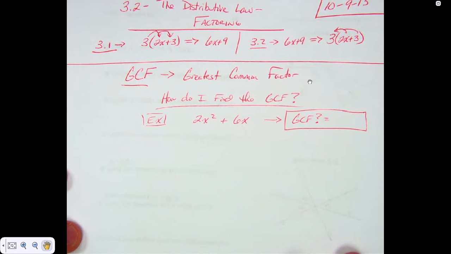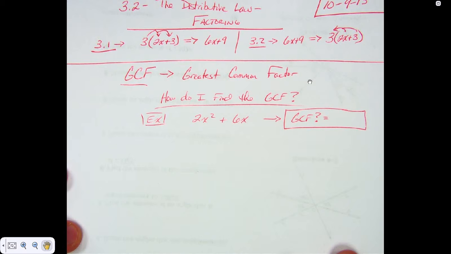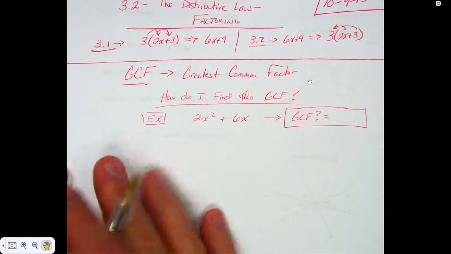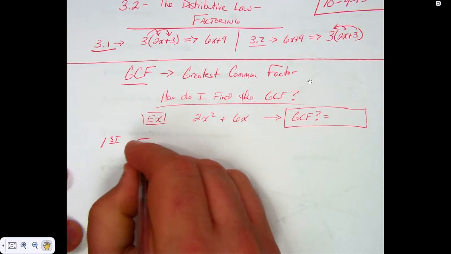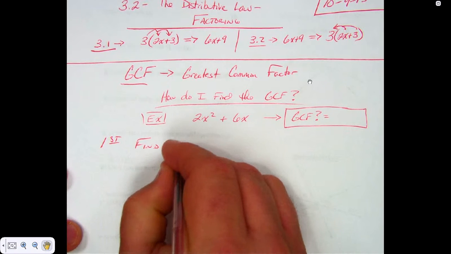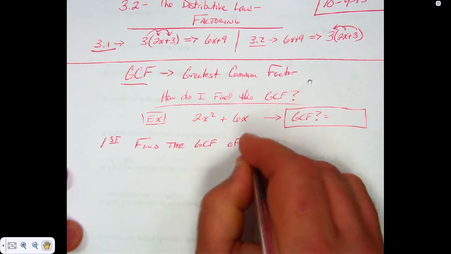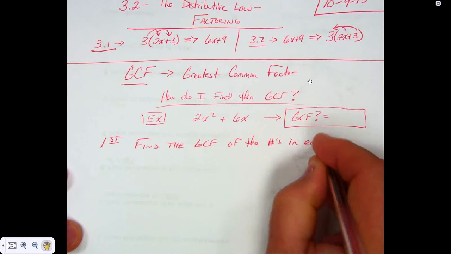So first we're going to learn how to find the GCF. Then after we're done with that, we'll talk about how we factor out the GCF. But first, how do we find it? What I tell people is split it up into 2 GCFs basically. First, find the GCF of the numbers in each term.